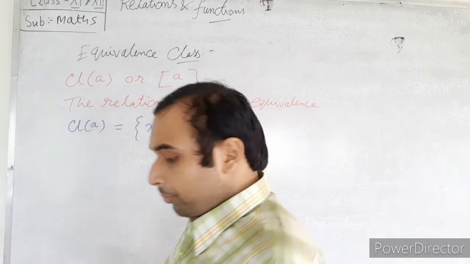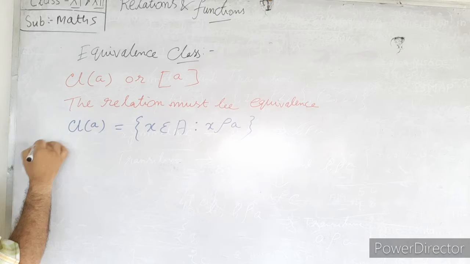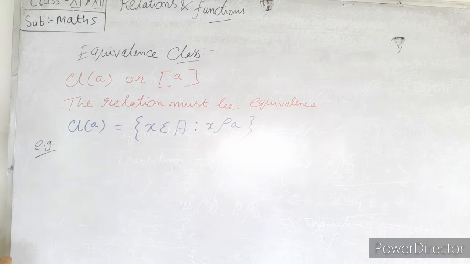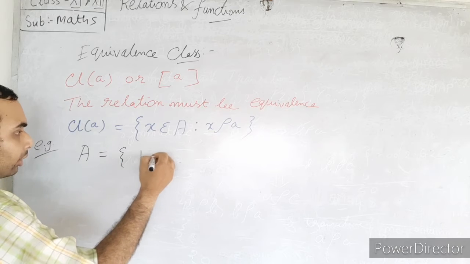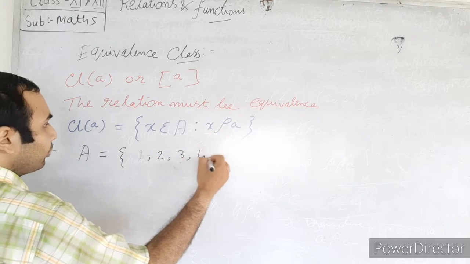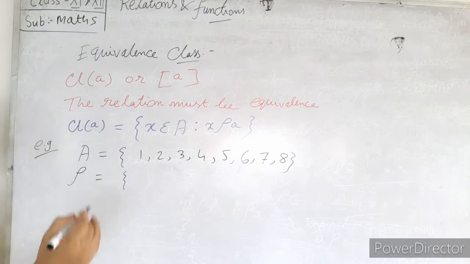As an example, if we take one set A equals {1, 2, 3, 4, 5, 6, 7, 8}, I am extending it.